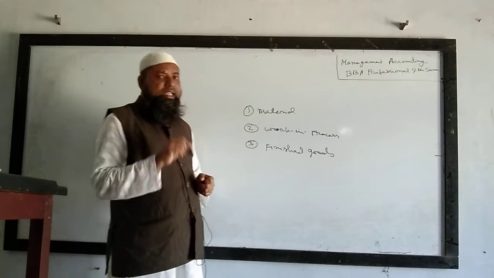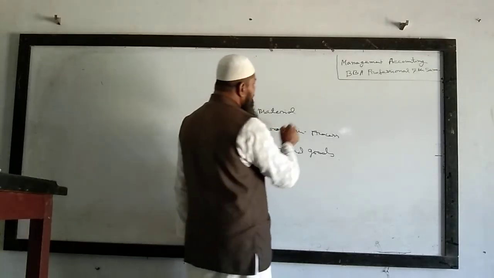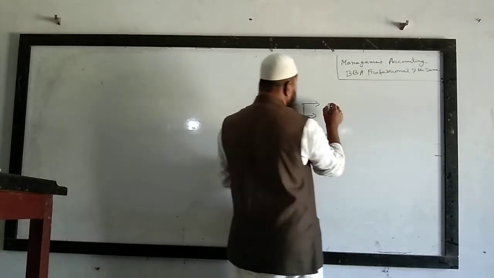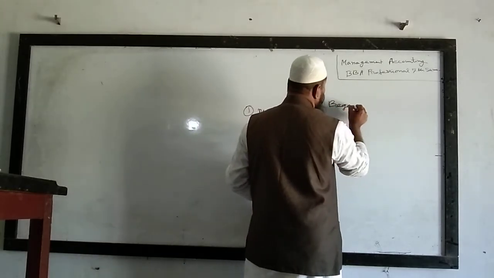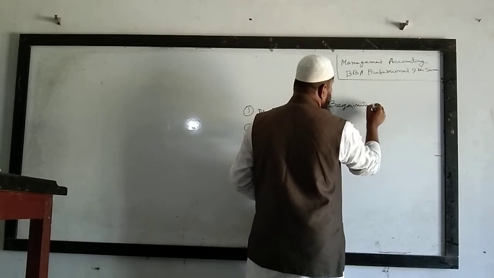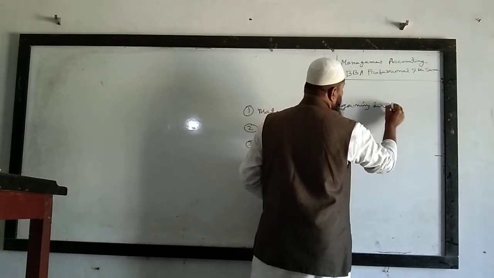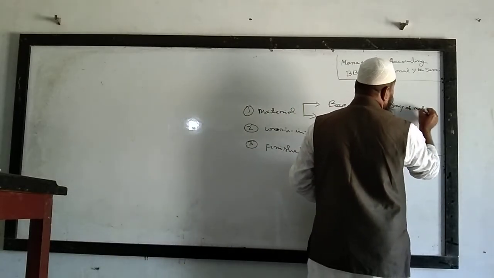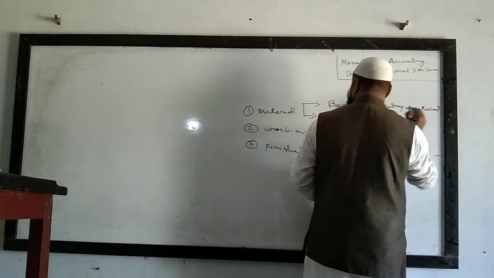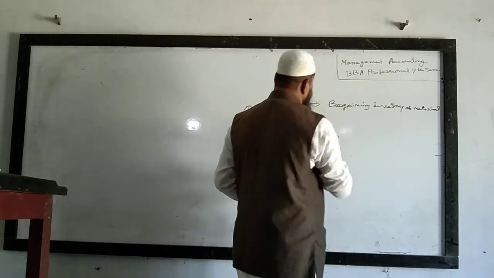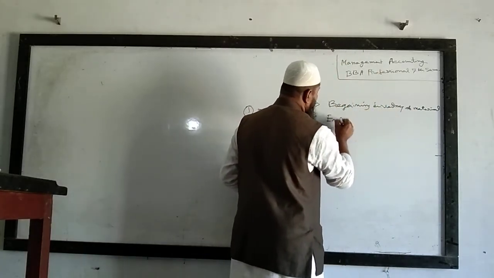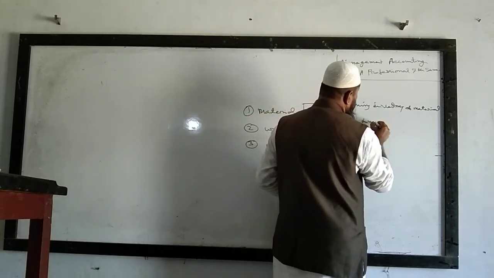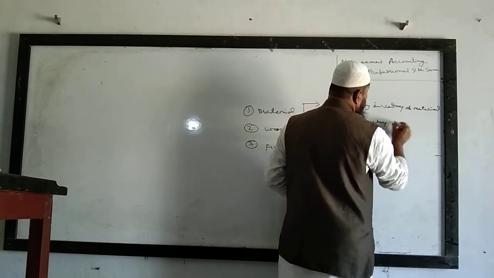So, inventory of material is of two types: beginning inventory of material and ending inventory of material.